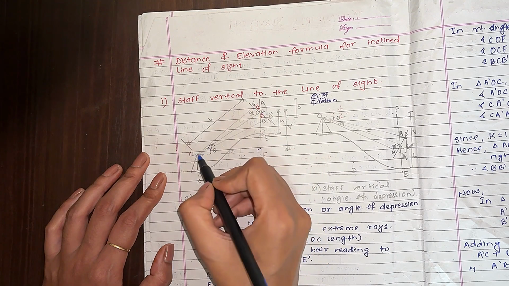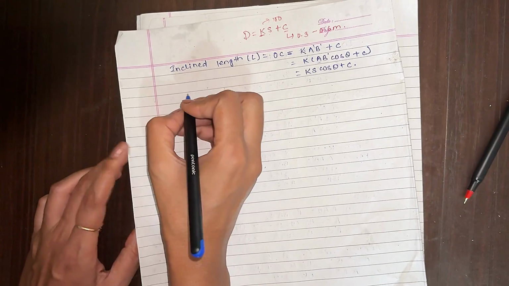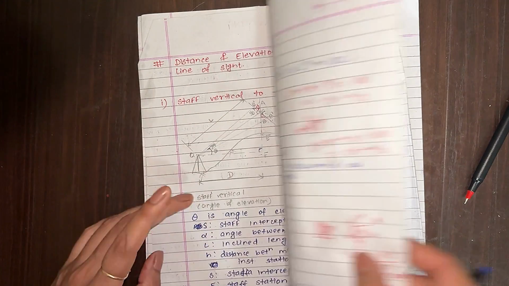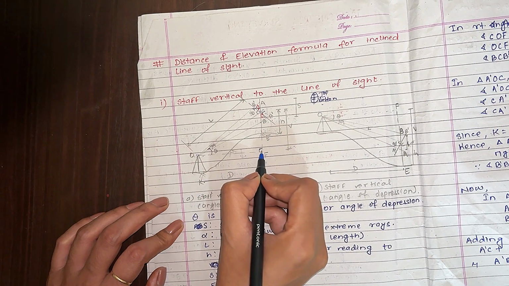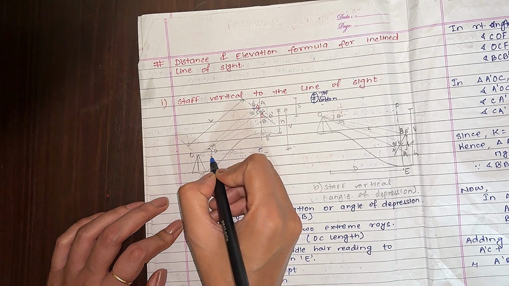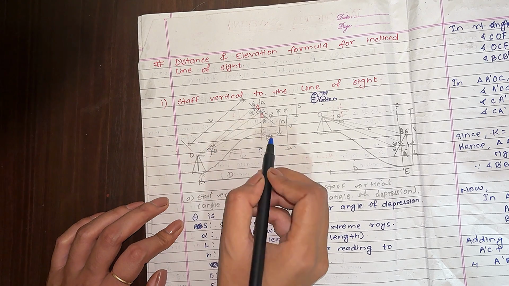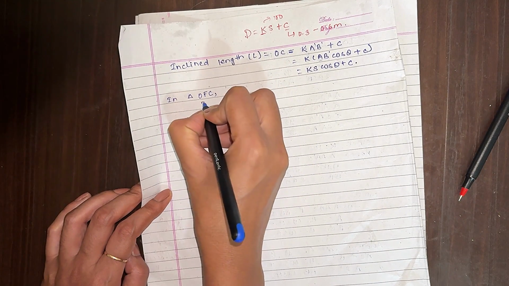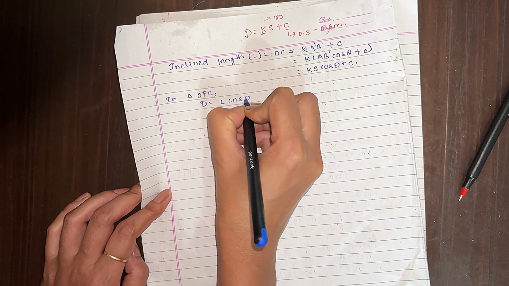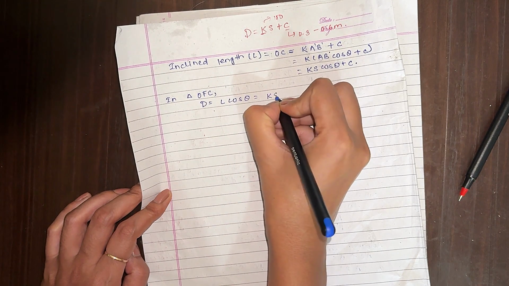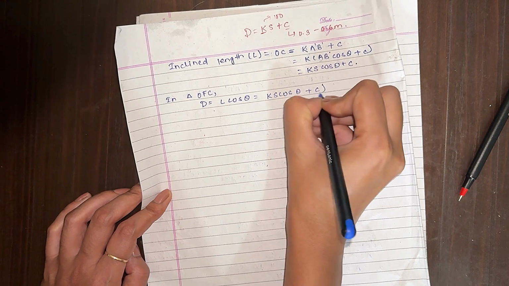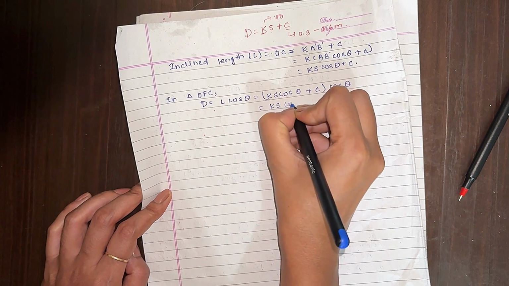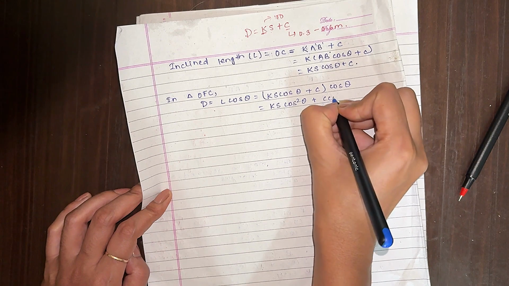triangle OFC, we have the horizontal distance D. This distance D is equal to L cos theta, since this is theta, this will be the base, and this is the perpendicular distance P. So in triangle OFC we have D is equal to L cos theta, where inclined length L is KS cos theta plus C into cos theta, which will be equal to KS cos square theta plus C cos theta.